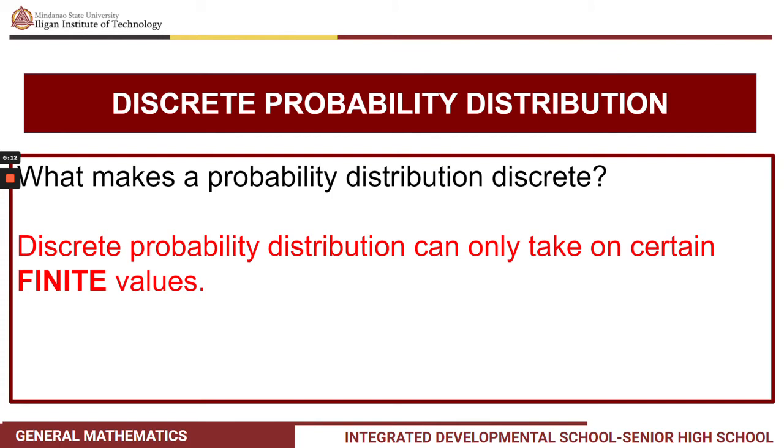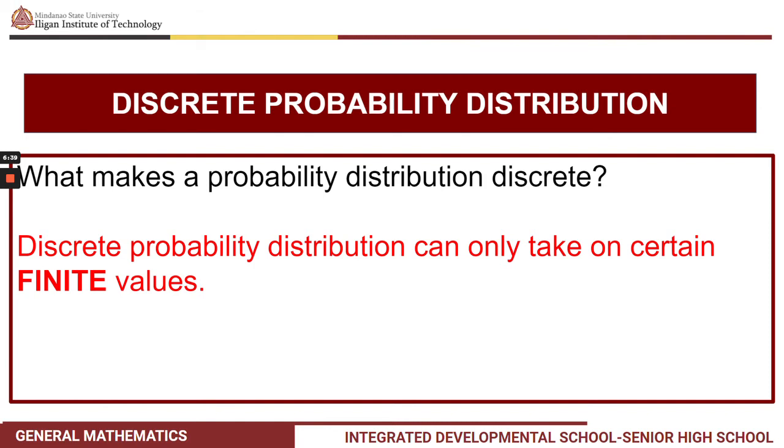Finite values, meaning say for example, kapag nag-toss ka ng die, discrete probability distribution ang andyan kasi ang outcome mo is 1 to 6 lang, no? In fact, there are only 6 values, no? Or outcomes na pwede. 1, 2, 3, 4, 5, and 6. Wala ka na makukuha between 1 and 2, 2 and 3, ganyan, no?